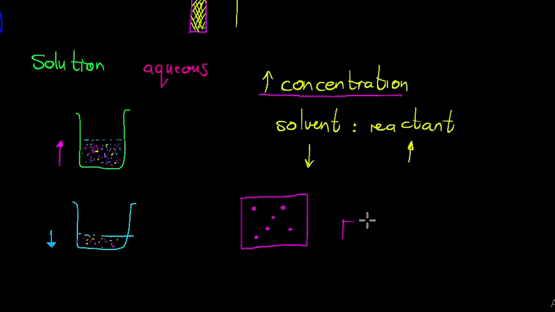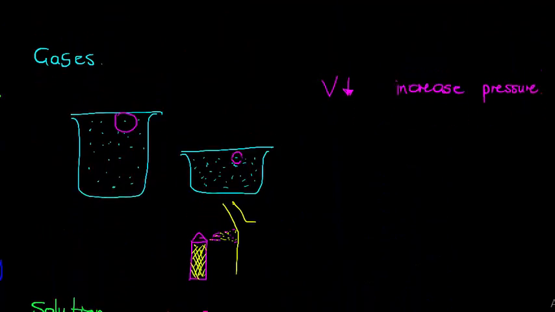But if I decrease the size of the room and I still have the same number of people in it, notice that the likelihood of them running into each other is much higher, and that would be the same effect as in gases decreasing the volume, or in solutions decreasing the amount of solvent. That decreases the space where the molecules have to move. I'm sorry if I repeated myself a lot.